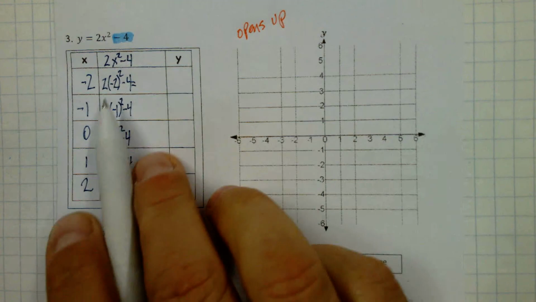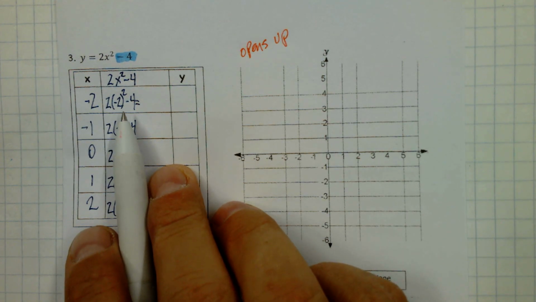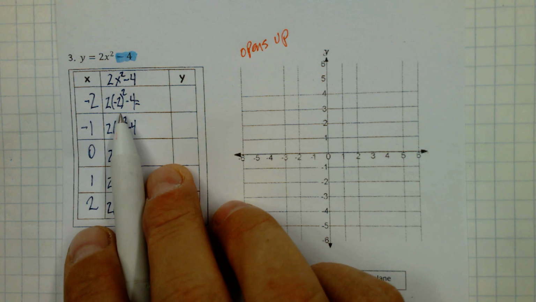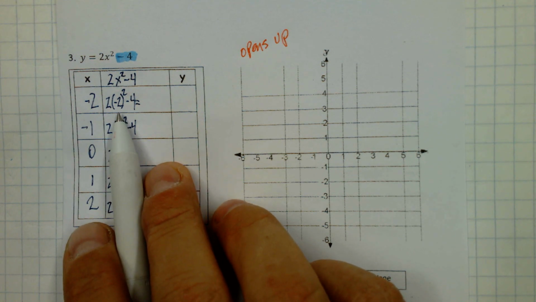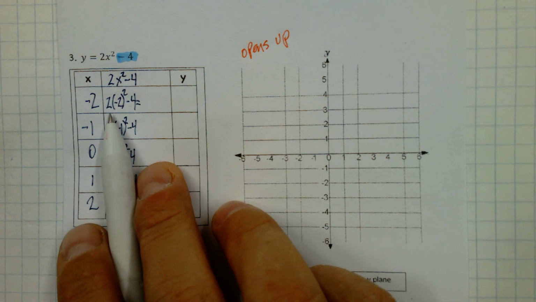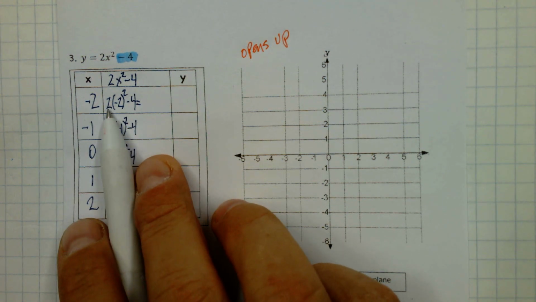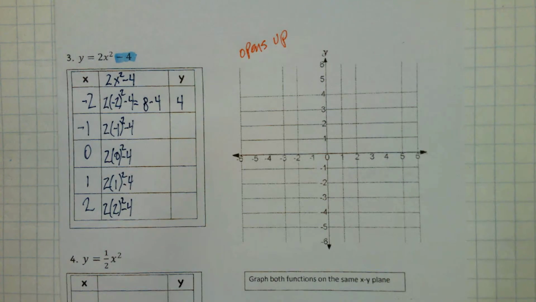Let's figure out this first part. Order of operations again. How much is negative 2 times negative 2? 4. So we have that 4 from negative 2 squared, but we have to multiply it by 2. What's 4 times 2? 8. 8 take away 4 is 4.